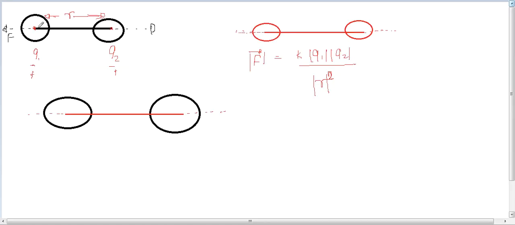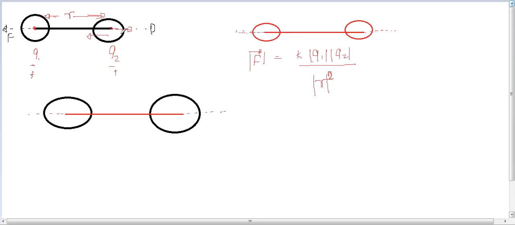The electrostatic force between these two point charges will be along this line. There are two senses along this line, so the force may be in this direction or in that direction.